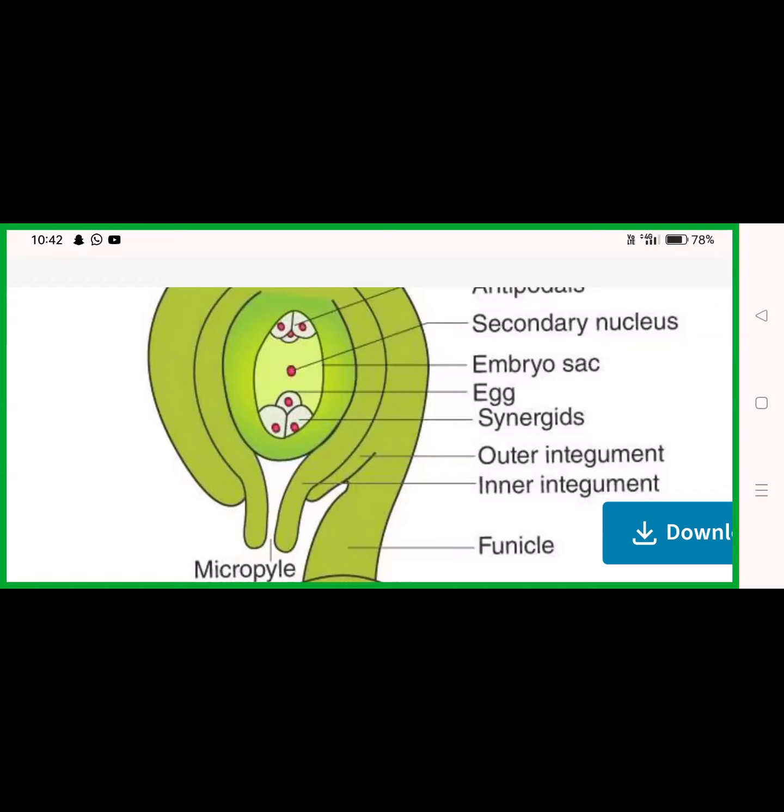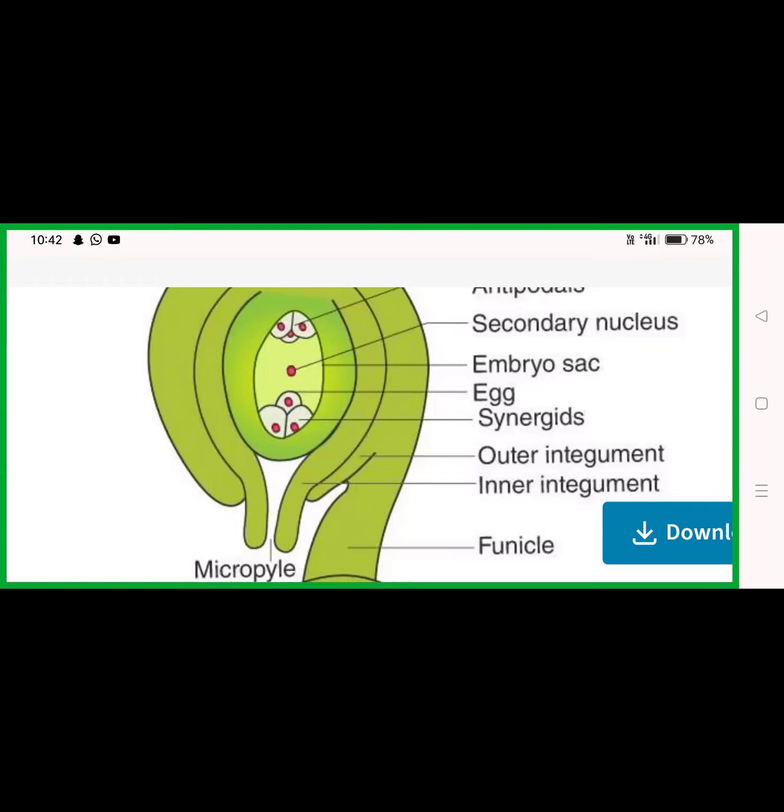The other male gamete fuses with the secondary nucleus, which is called triple fusion, because the secondary nucleus has two nuclei, and with the male gamete it makes three. It forms the primary endosperm nucleus, which is triploid. Because both sperms are involved in fertilization, we call it double fertilization. Okay, have you all understood? Very, very important.